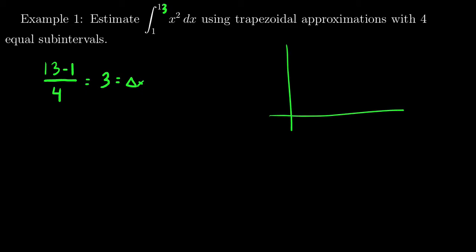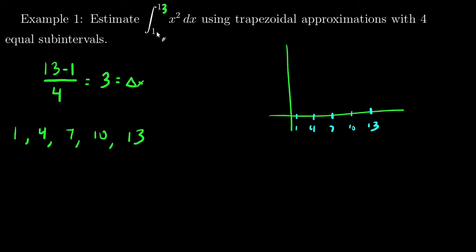Now, I'm going to list the x values that I use. I'm going to start at 1, go up 3 and get to 4, up 3 get to 7, up 3 get to 10, and up 3 get to my other limit, 13. So I'm looking at 1, 4, 7, 10, 13.